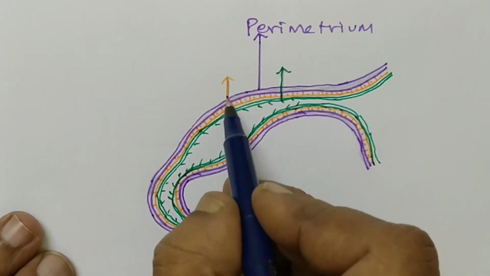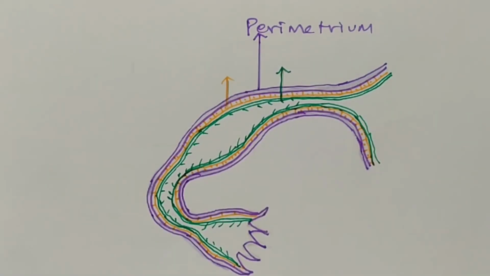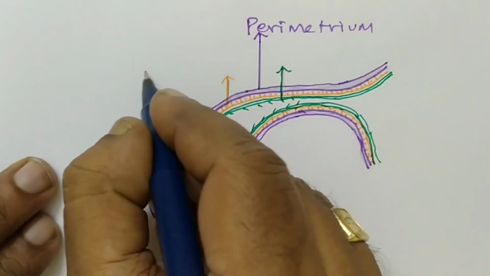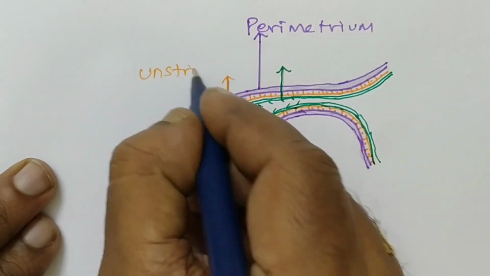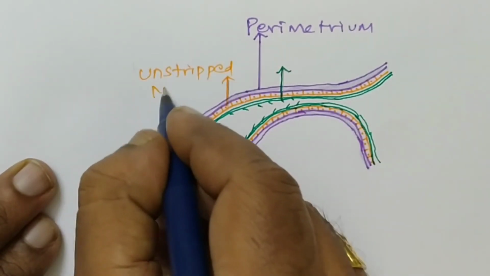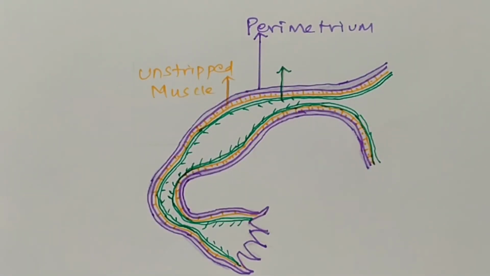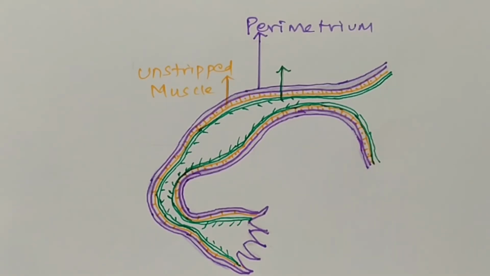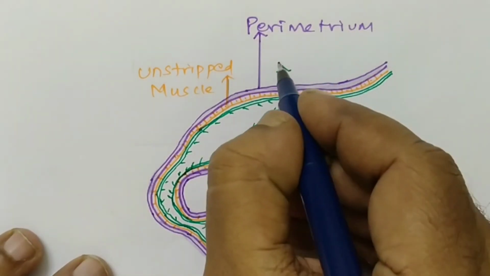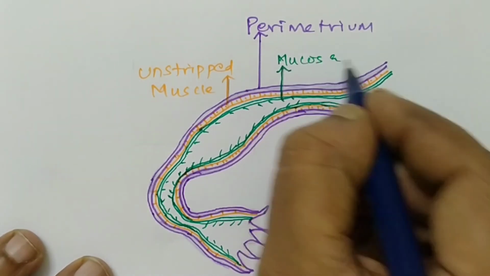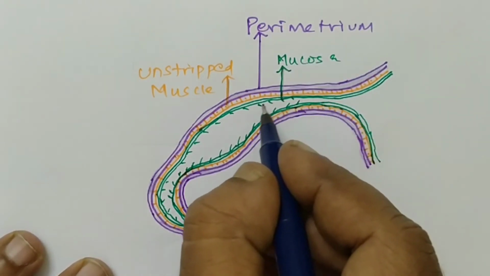The middle layer, the orange color part, is made up of an unstriped muscle layer. The innermost layer, which is much more important for the functional point of view, is the mucosa membrane, the green color part.